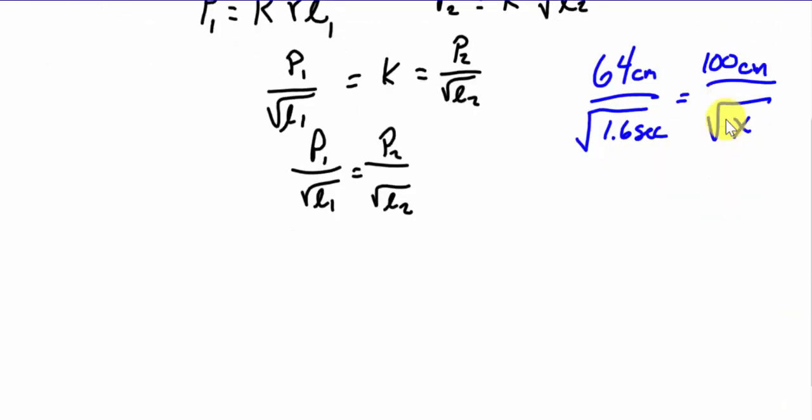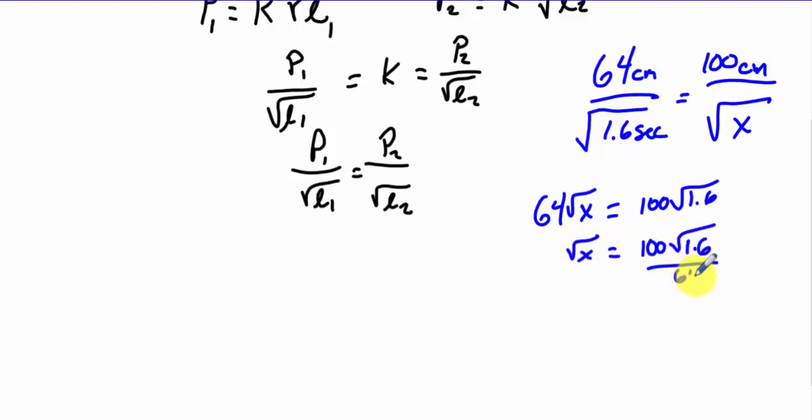So to solve this, pretty straightforward. We just take and do a cross product. So we know 64 root x is equal to 100 times the square root of 1.6. And then we divide by 64 and square both sides. What I'll do first, just for fun, is I'll take and reduce these guys. I know that 4 goes into both easily.